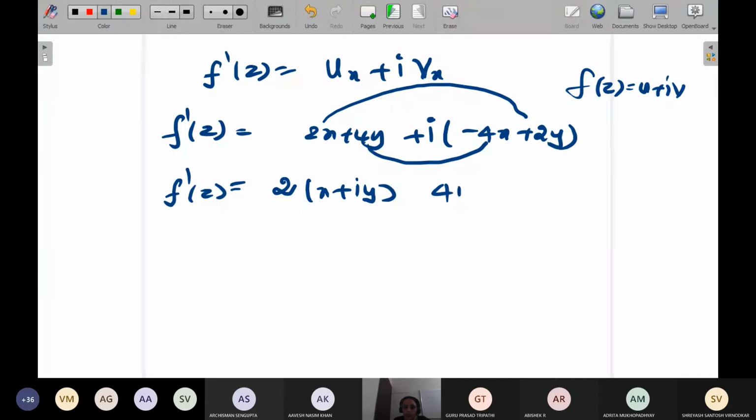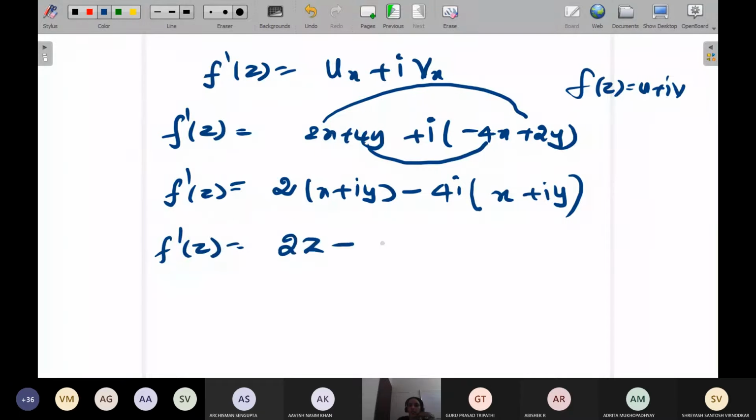I can make i outside, and once I make it outside, I'll get a minus here. So this becomes minus 4ix, then I have here plus 4y, so plus iy I can write. i square gives minus 1, minus into minus becomes plus. So I can write f dash of z is equal to 2z minus 4iz. Now you integrate it.